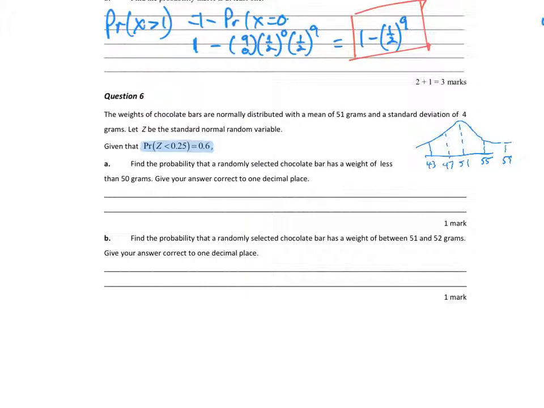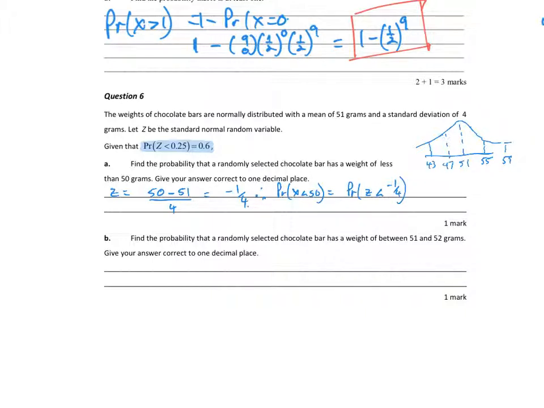Right. So find the probability that a randomly selected chocolate bar has a weight of less than 50 grams. Let's find the Z value, which is equal to X minus mu on sigma, which is equal to negative 1/4. So the probability that X is less than 50 is equal to the probability that Z is less than negative 1/4.